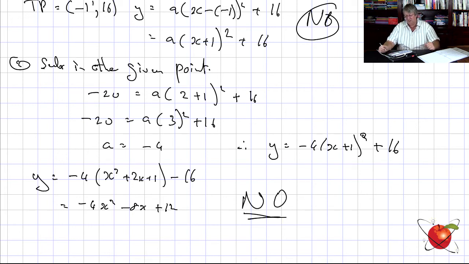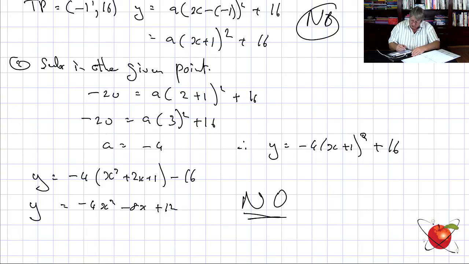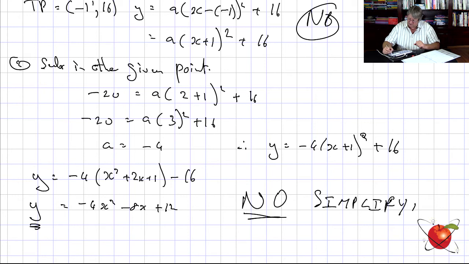No. Quite a number of students have said yes, but can I simplify it? No. You can't divide. Why not? Because it's equal to y. It's not equal to 0. If it's equal to 0, you can simplify. No simplifying. Please leave it as that.